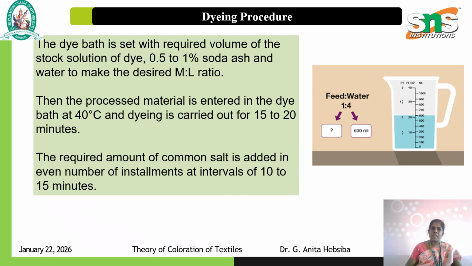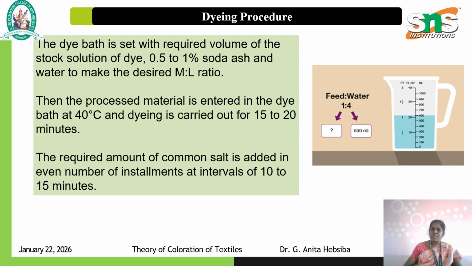What is this 1 is to 10, 1 is to 20? If you take 1 gram of fabric, you have to take 10 times of water. If you take 1 gram of fabric, you have to take 20 times of water. That is called the material to liquor ratio. This has to be calculated and added so that the proper percentage of shade can be obtained. When you want to repeat the same thing for different batches, this has to be maintained very accurately.